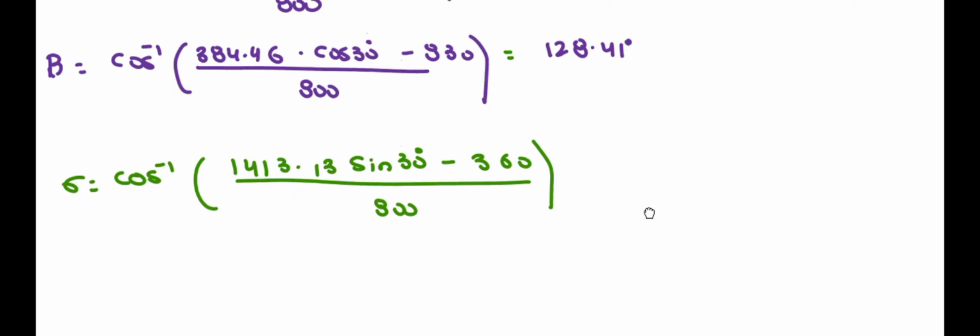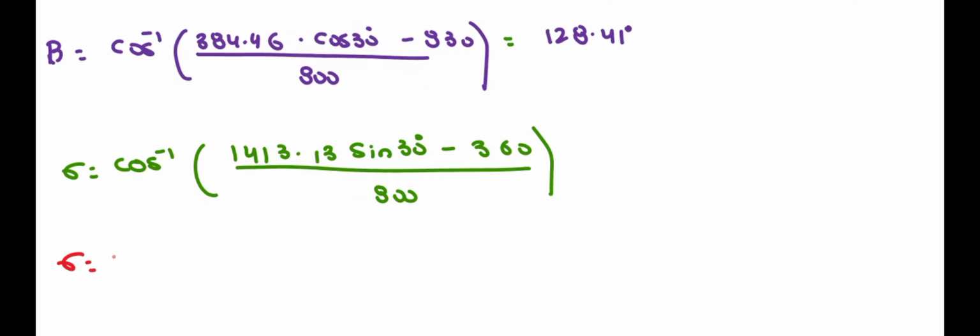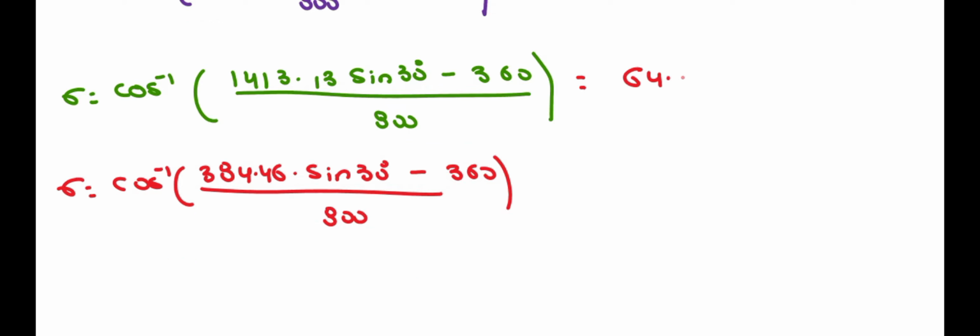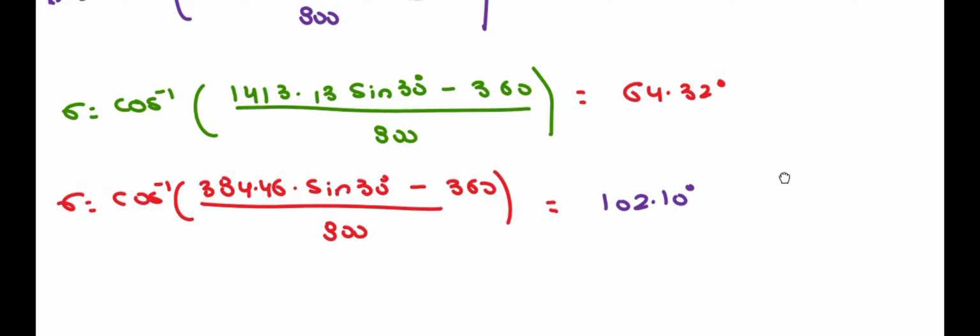And similarly, gamma is equal to cos inverse of 384.46 dot sine 30 degree with negative 360 upon 800. So the above expression gives gamma equal to 64.32 degree, and the below expression gives gamma equal to 102.10 degree. Now the question has been solved here and your concept too.